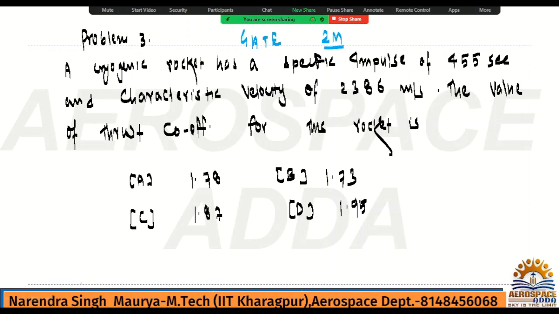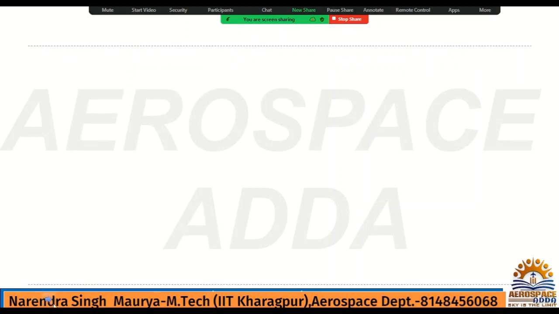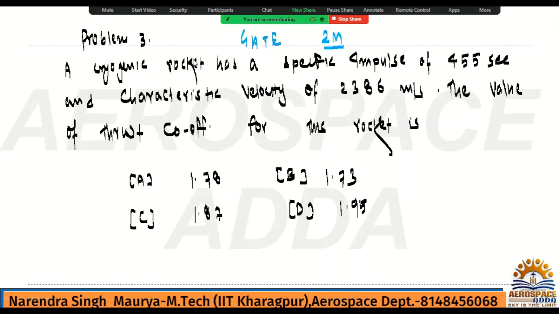So now we'll go for the solution of this problem. It is directly formula based. If you remember the formula, you can finish this numerical within seconds. I had given the formula for characteristic velocity, C star.